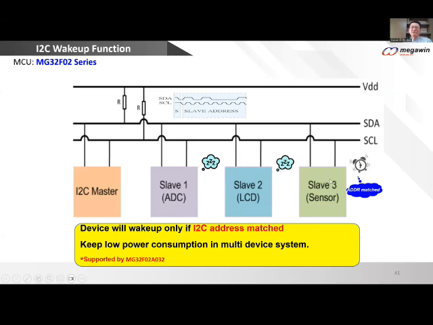If the address matches, then this device will be woken up, and the other two will be kept in the sleep mode or the stop mode. So it will be very easy to control the power system.